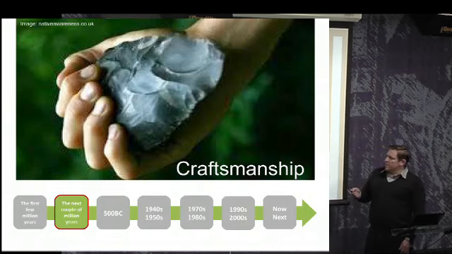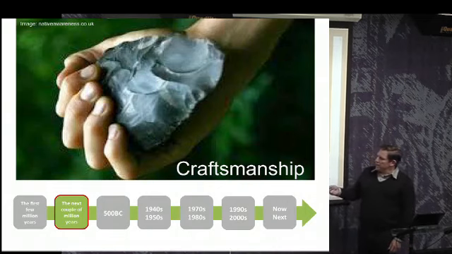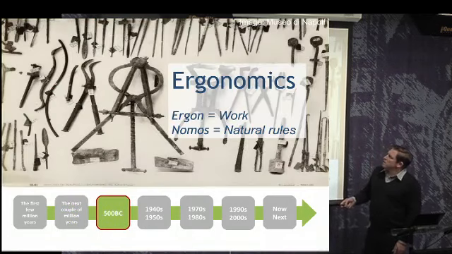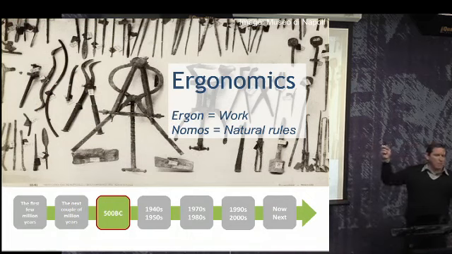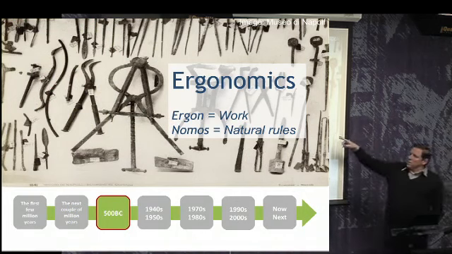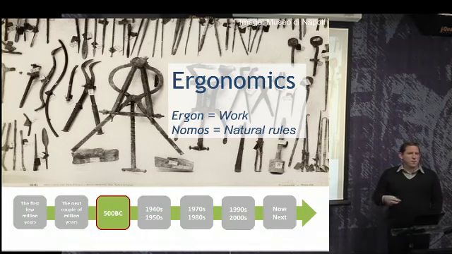Any history has always got a clever Greek in it, and my history is no different. Around 500 BC, we see this word being used for the very first time in a written text. Ergonomics is essentially a collision of two words, meaning the natural rules of work. It was coined by a guy called Hippocrates, who you've probably heard about in terms of the Hippocratic Oath.